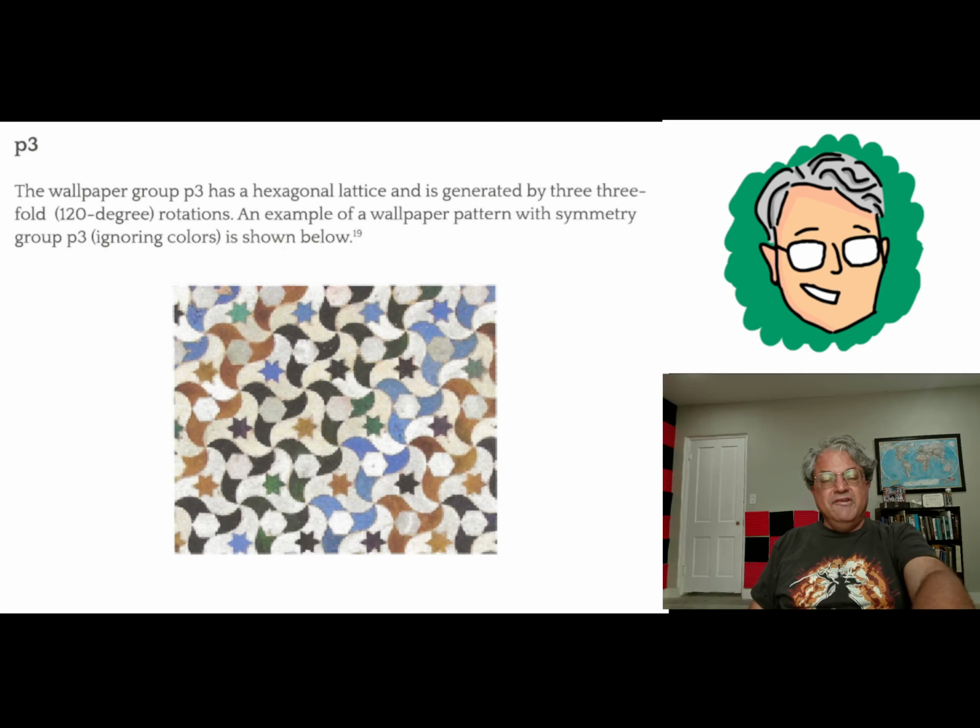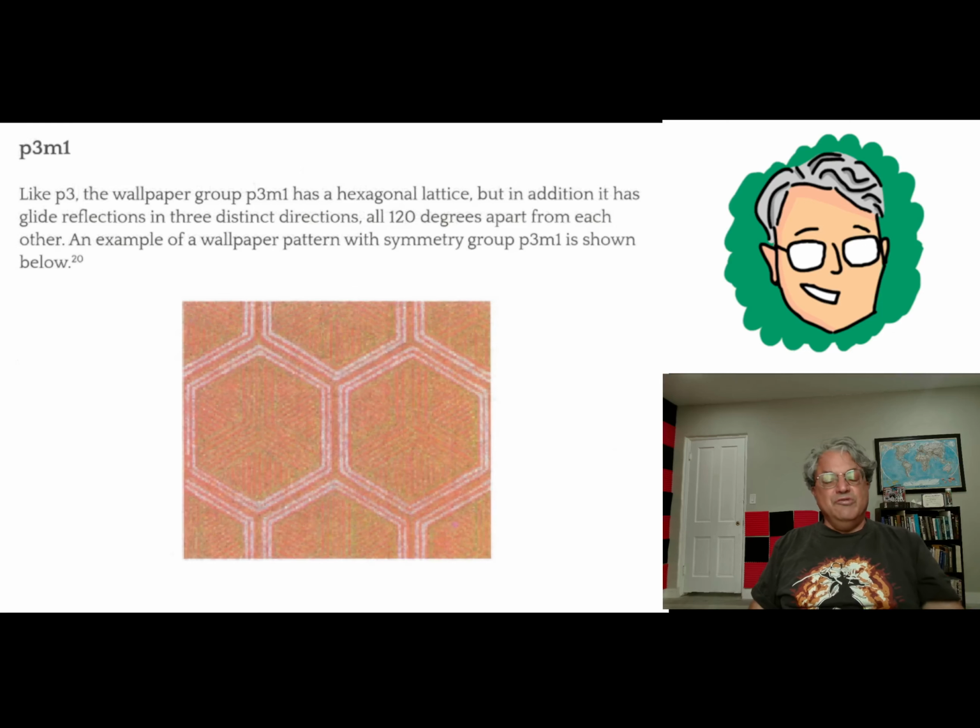The next one, 14th one on my list, is P3M1. This is another one with a hexagonal lattice. And this one, in addition to having threefold rotation axes like P3 did, it also has three glide reflections.